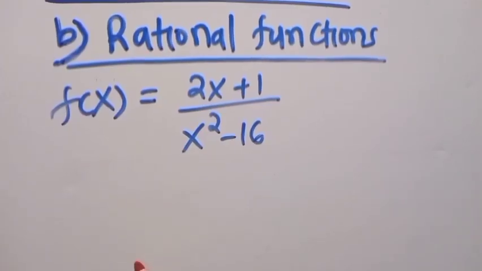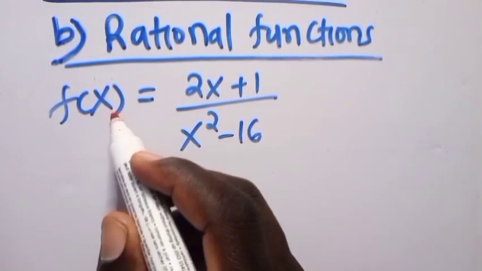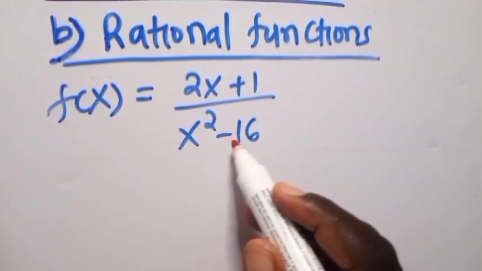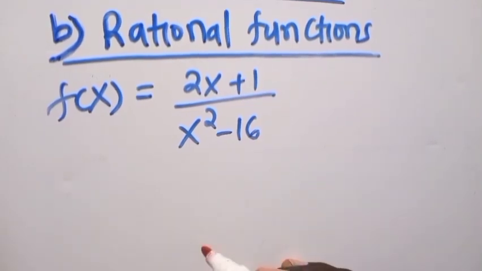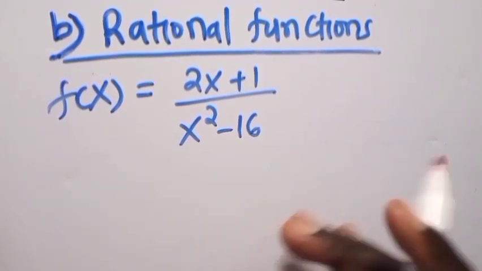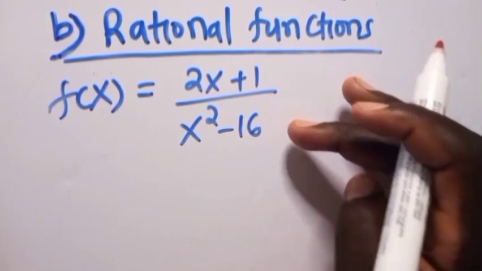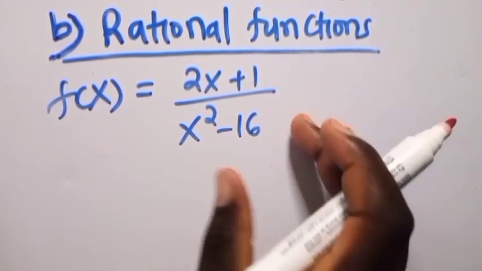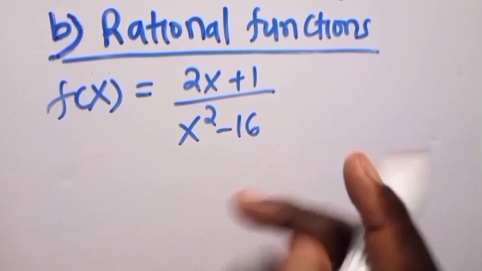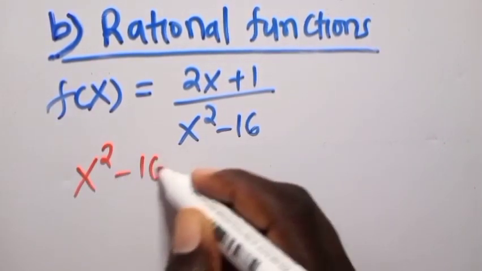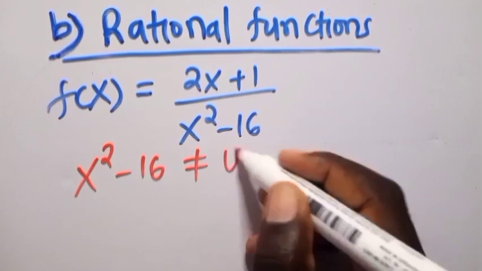An example of a rational function is f of x equals 2x plus 1 all over x squared minus 16. In this case, we have the numerator and the denominator, and therefore we set the denominator not equal to 0. So x squared minus 16 should not be equal to 0.